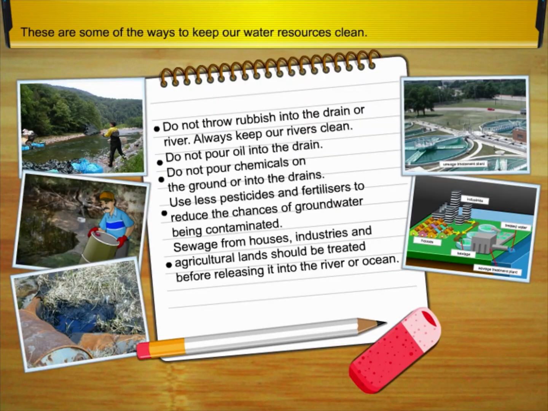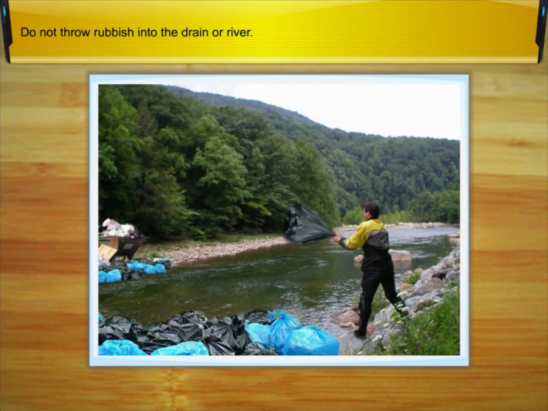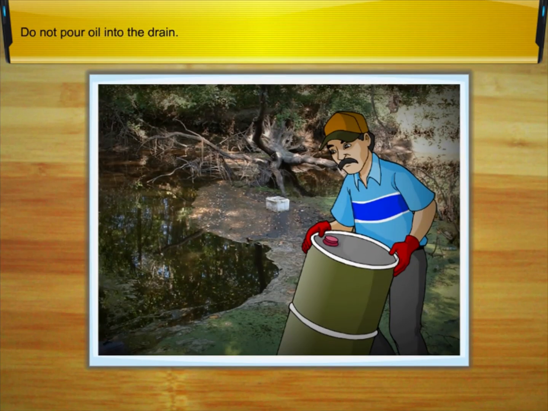These are some of the ways to keep our water resources clean. Do not throw the rubbish into the drain or river. Always keep our rivers clean. Do not pour oil into the drain.